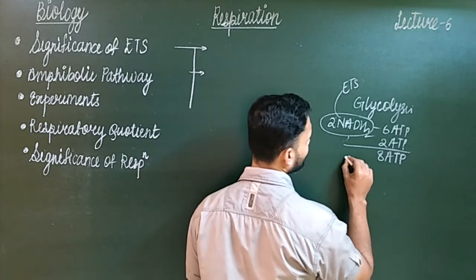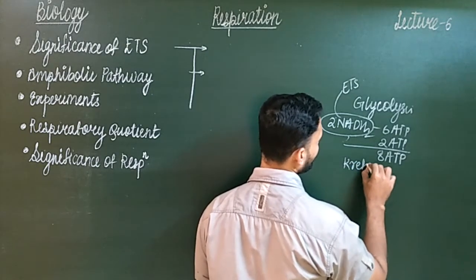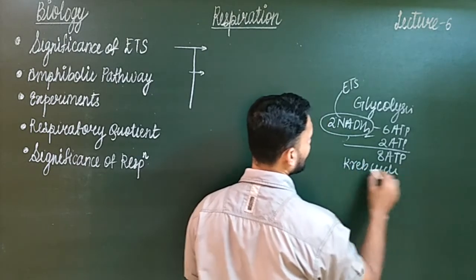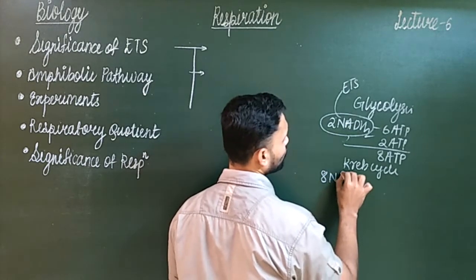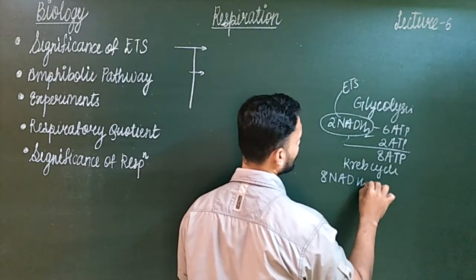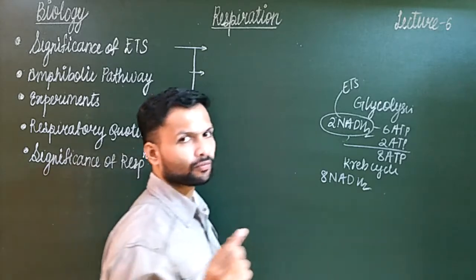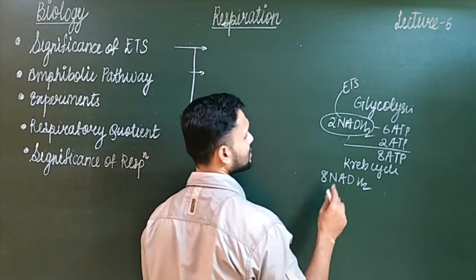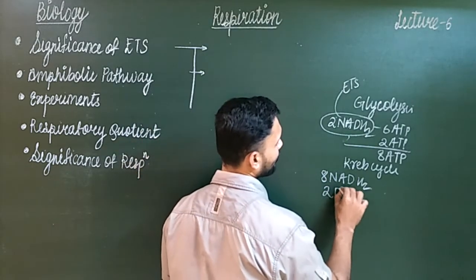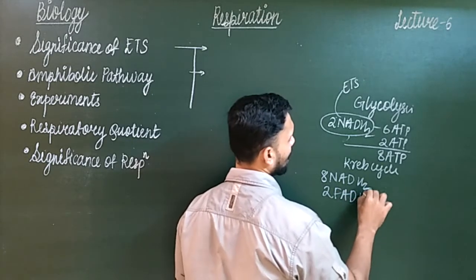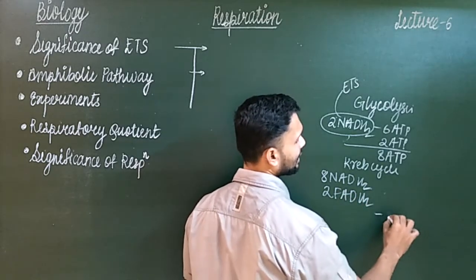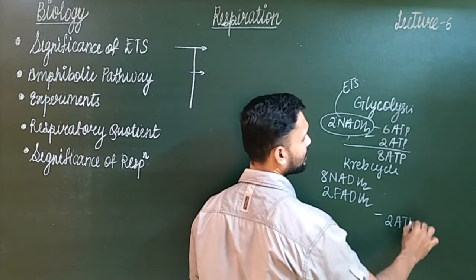Simultaneously, in the Krebs cycle, there are 8 NADH2 formed, 2 of those from the linking step. Then we have 2 FADH2s, and 2 substrate level ATPs, in the form of GTP, are formed.